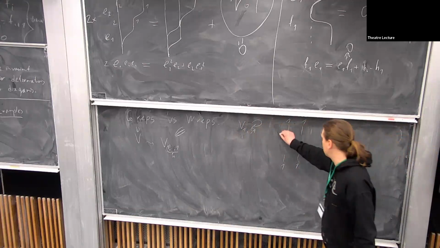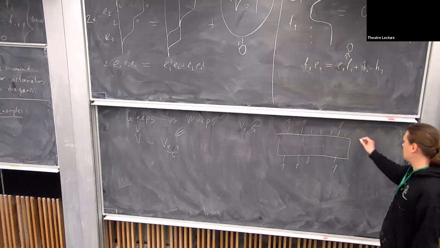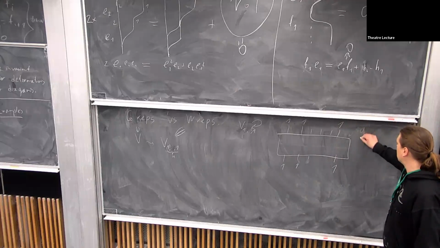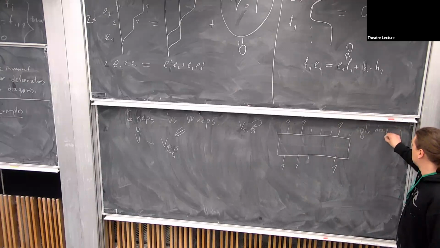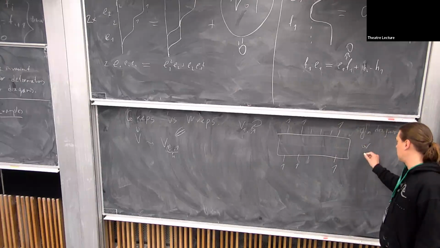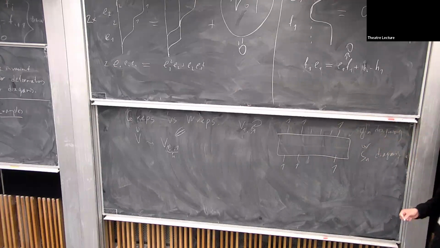And here we have two kinds of diagrams. We can place here the Lie algebra diagrams, or we can use SN diagrams. What is the relationship, you can ask.